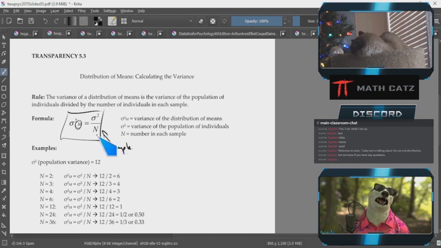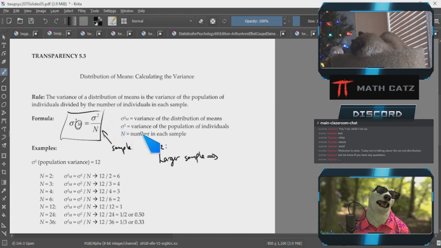And this also shows one thing that is important to note. For a larger sample, what would happen to the variance of this new distribution of means?